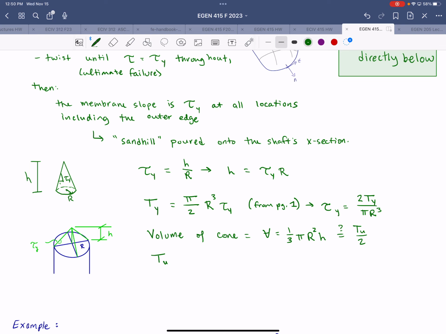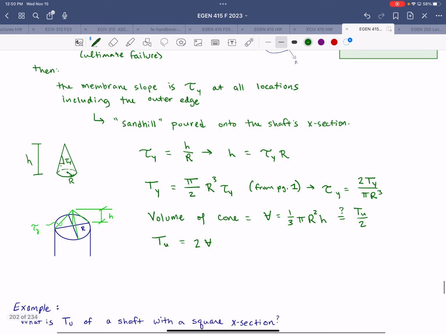Ultimate torque is equal to 2 times the volume, which is 2/3 pi r cubed times the yield stress, which simplifies to 4/3 times, torque is stress, yeah, this one is yield stress. Thank you, I misspoke. That simplifies to 4/3 times the yield torque, and that checks with the solution that we obtained on page 2.